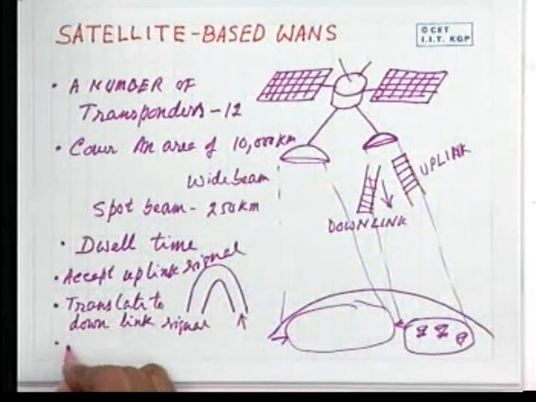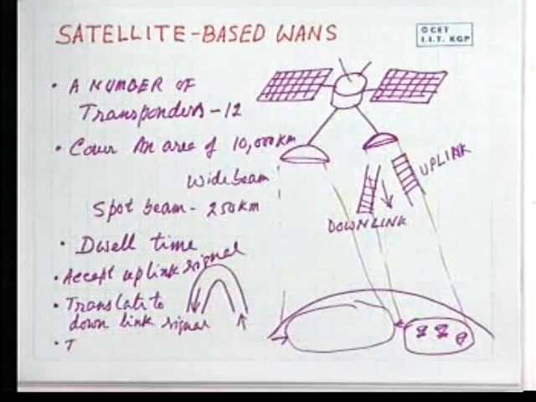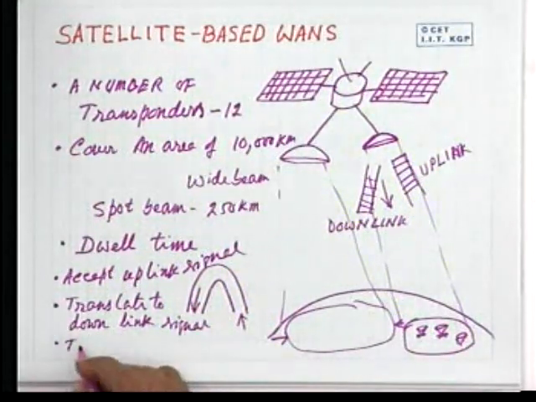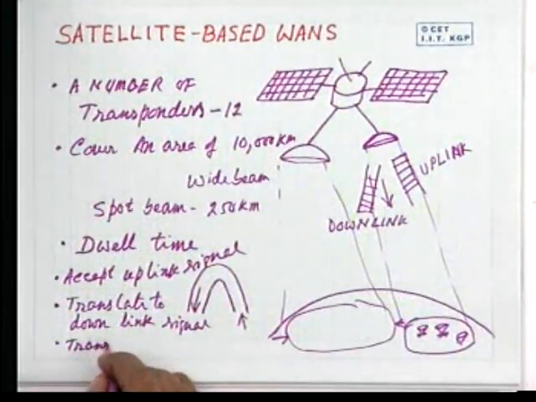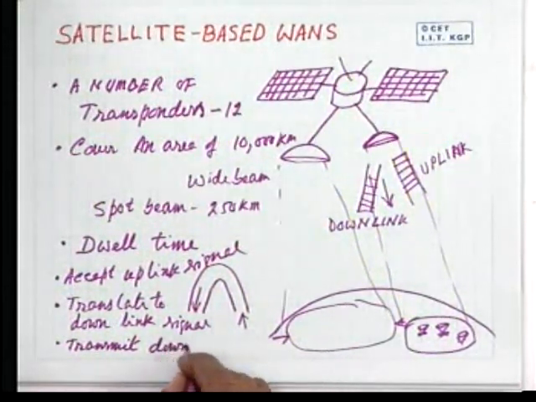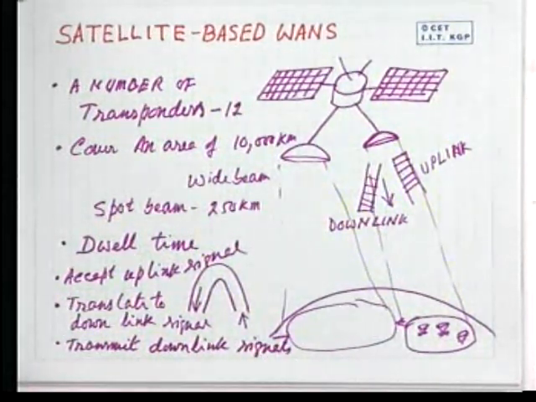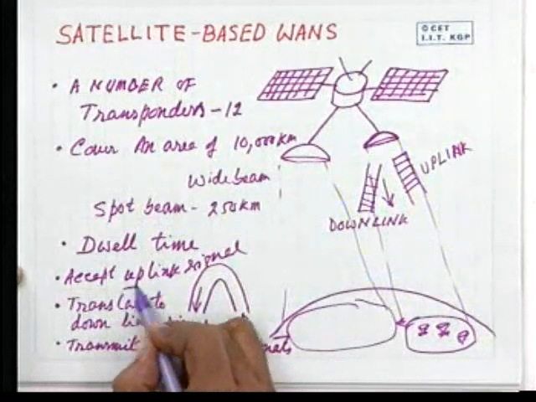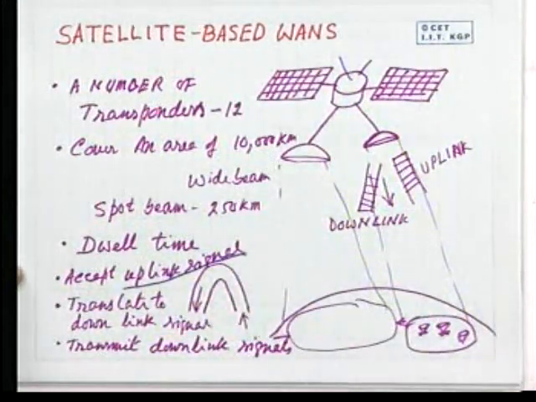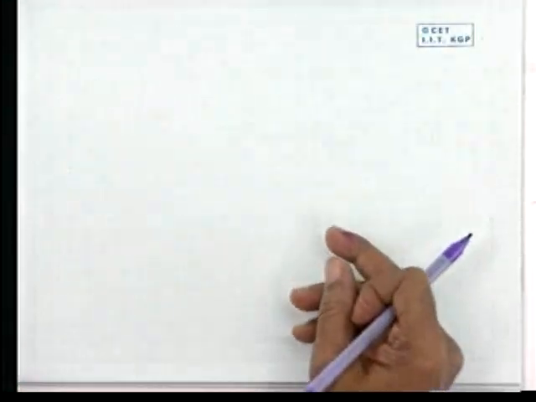Then it will transmit the downlink signal. So translation will take place and it will then send it towards the ground stations. So this is how a satellite communicates, and as you can see here, the uplink signal is being shared by all the stations, and for that purpose we have to devise medium access control techniques.